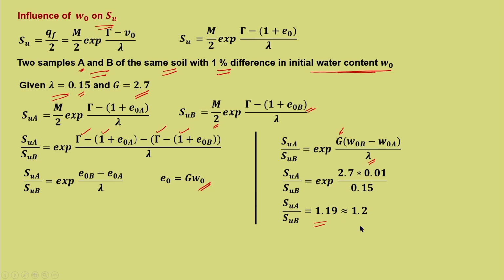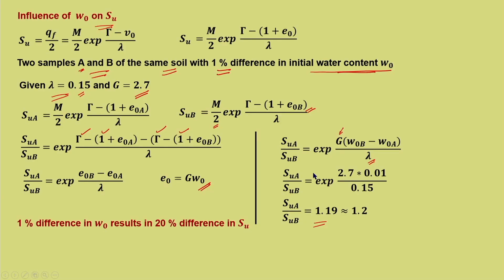So, Su A is 20% more, or 1.2 times that of Su B. So, 1% difference in W naught results in 20% difference in Su. That is the conclusion. A very small difference in W naught will be a glaring difference in Su.